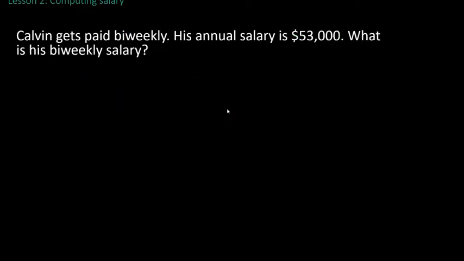Let's look at another example, this time with bi-weekly pay periods. So say Calvin gets paid bi-weekly and his annual salary is $53,000. And we want to know what is his bi-weekly salary. So just like before, in order to set this up, we're going to take annual salary, which they've told us is $53,000. We'll plug in annual salary as our numerator.